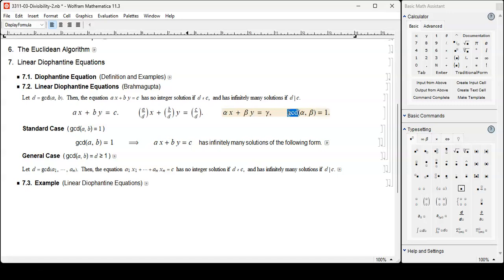So you see, the arbitrary case where we have D as a GCD can be reduced to the standard case by simply dividing everything by the GCD.